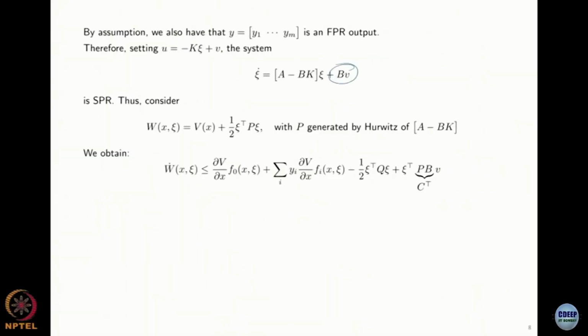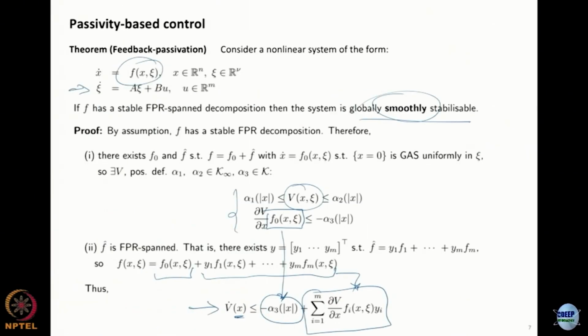Since psi appears in the nonlinearity, I think it shouldn't be there in V. Anyway, it's a function V that you use for this part of the system.